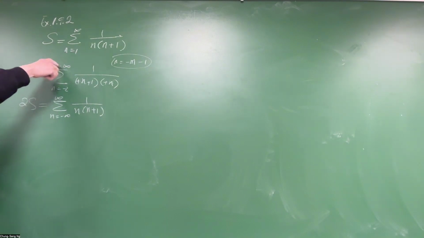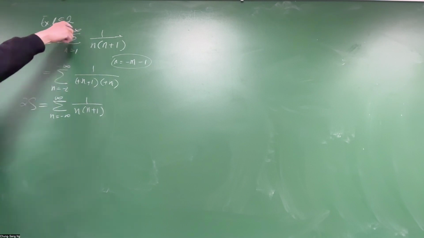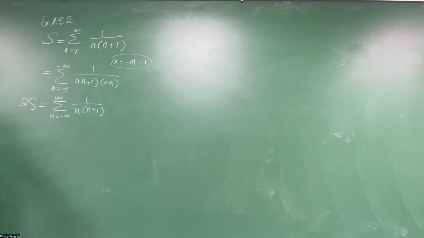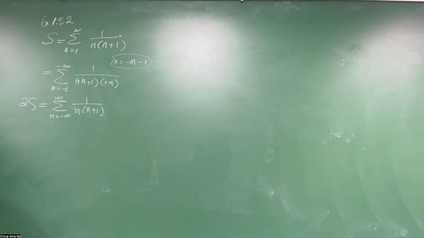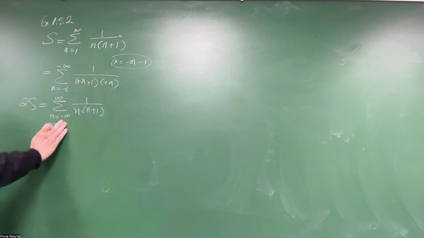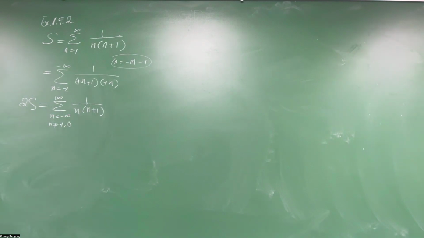Because this is summing from minus infinity to minus 2, and this is from 1 to infinity. So you skip 0 and minus 1. But this time we don't want to add and subtract that, because the function is singular at those locations. So we can just say that n is not equal to minus 1 and 0. I think your text will use a prime to indicate that, but you can also explicitly say that it's not equal to minus 1 and 0.